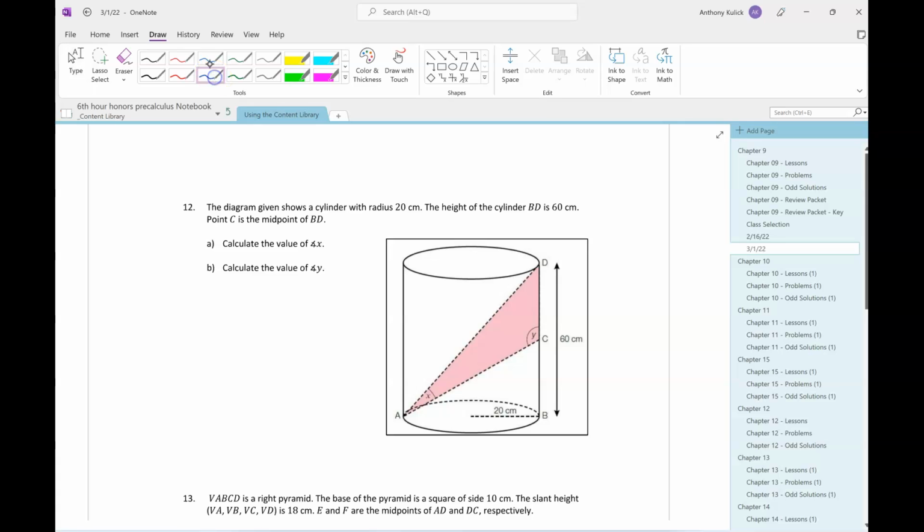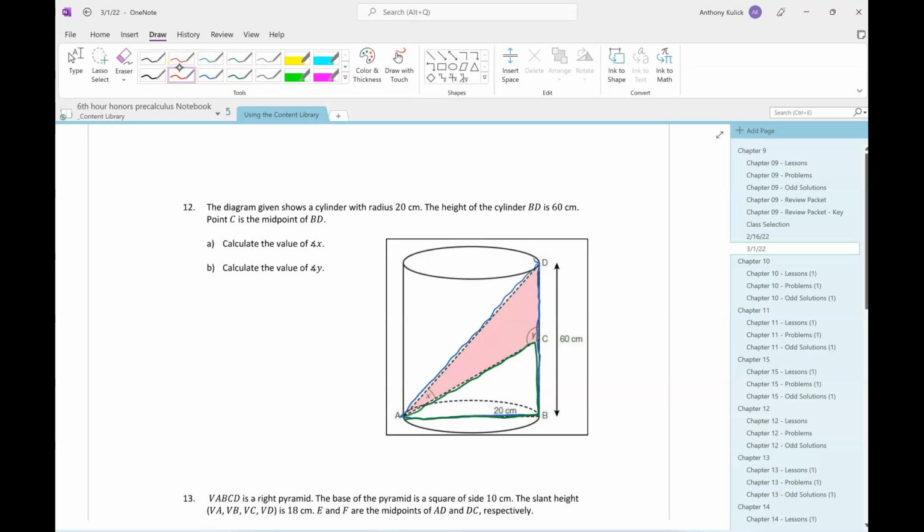So here on 12, Amanda, you could do this in any order. You don't need to do part A in order to do part B, just as an aside. So I'm going to do them in the same order they are here, though they're really unrelated questions. To do part A, I'm going to look at this triangle here, and then I'm going to look at this triangle here.